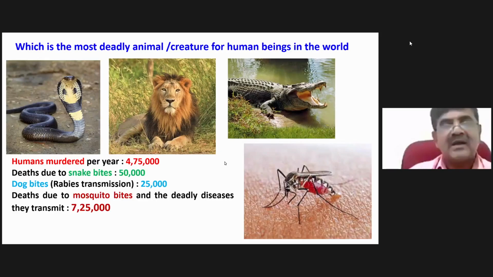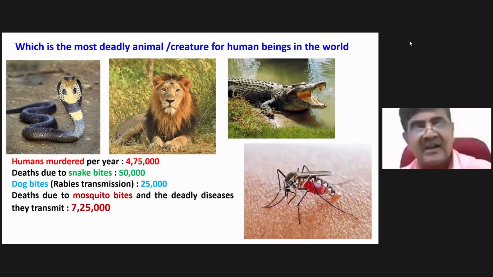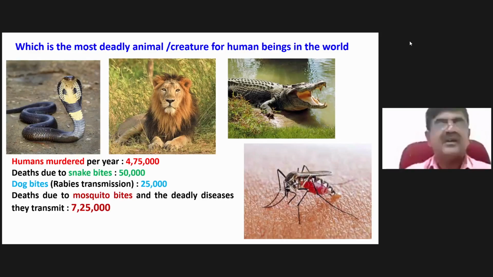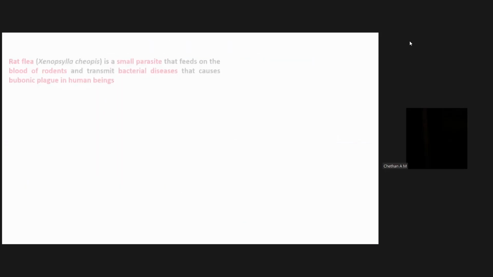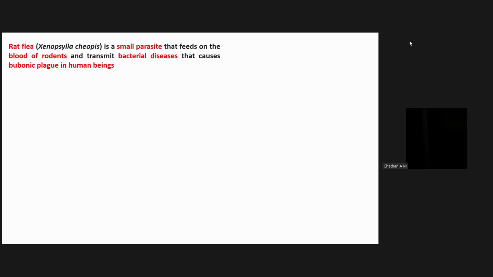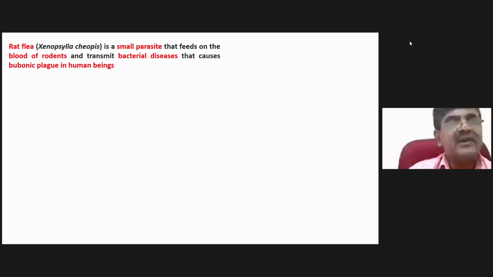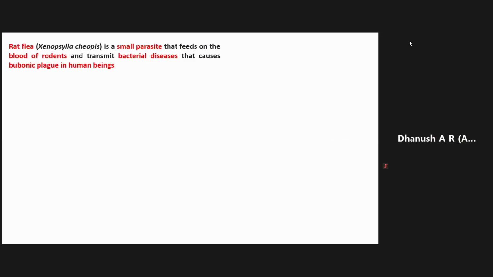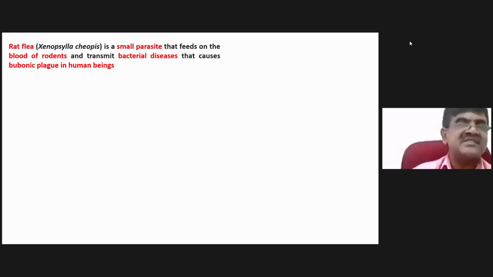So apart from mosquitoes, there are still other deadly insects. For example, there is an insect called the rat flea. This is a small parasite that feeds on the blood of rodents, and it transmits bacterial diseases that cause bubonic plague in human beings.